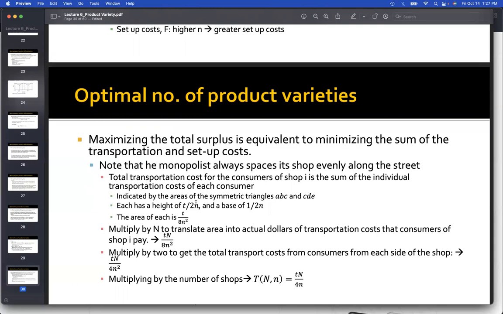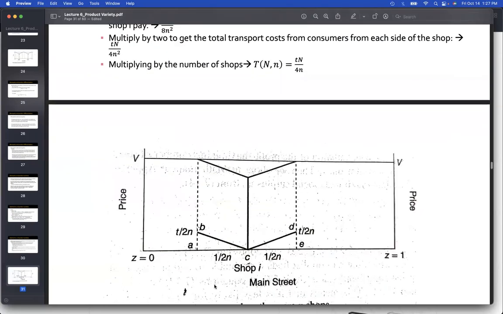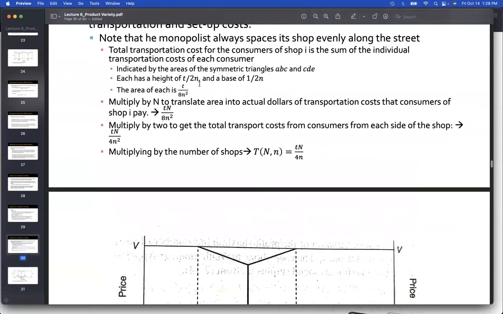Okay, so first, the whole idea here is, this is one shop, and what we're trying to do is get the area under these triangles, and these are the dollar or peso values of the transportation cost to move from wherever this is to the store. And if you follow, this is basically just a triangle argument, and then you multiply it by 2.